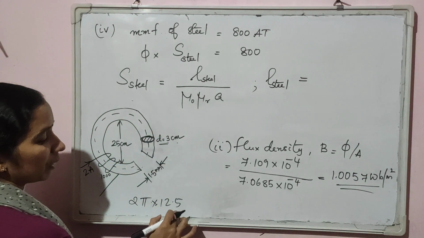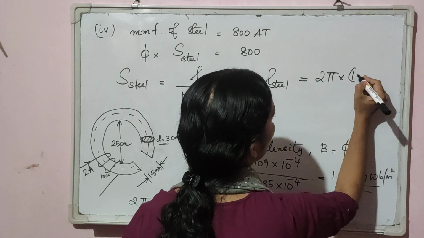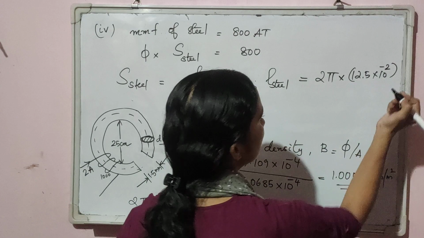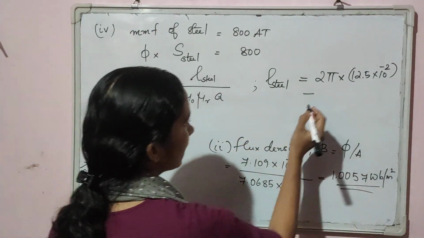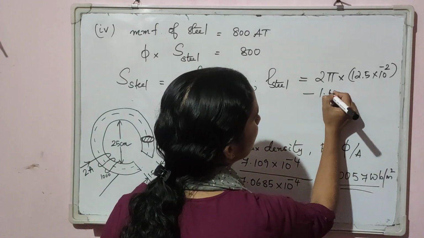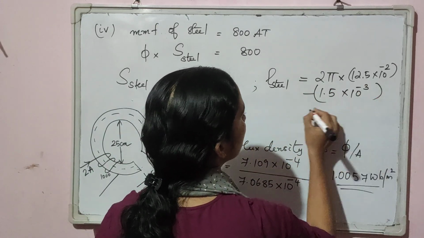Total perimeter is 2 pi into 12.5 × 10^-2 meter, minus length of air gap, that is 1.5 mm. 1.5 mm is 1.5 × 10^-3 meter.